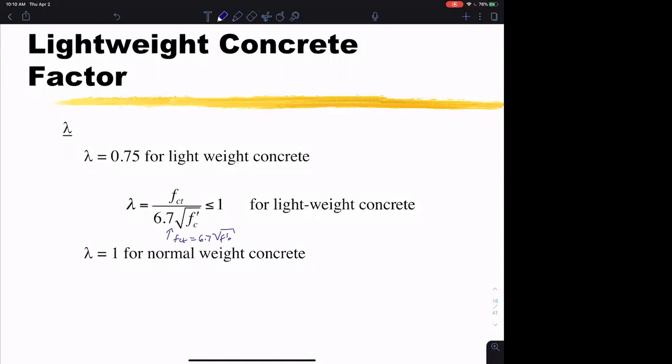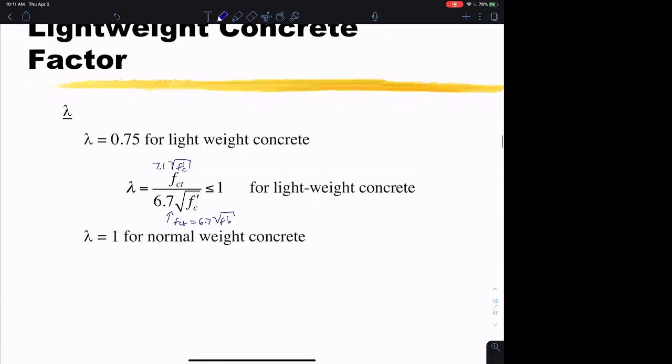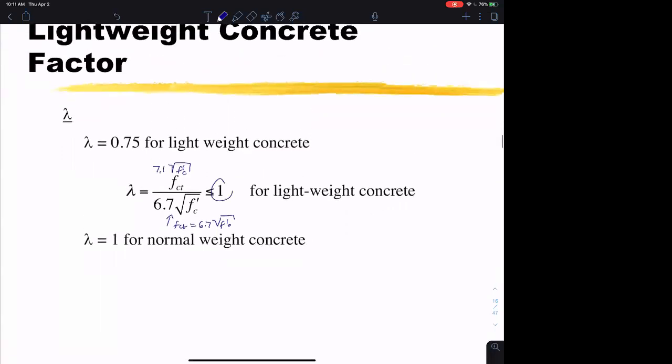We got something like 7.1 or 7.4. We did this exact experiment in our class, and we ended up with something like 7.1 square root f prime c. And so what they're saying is you can use a lambda bigger than that 0.75. But you can't go above 1.